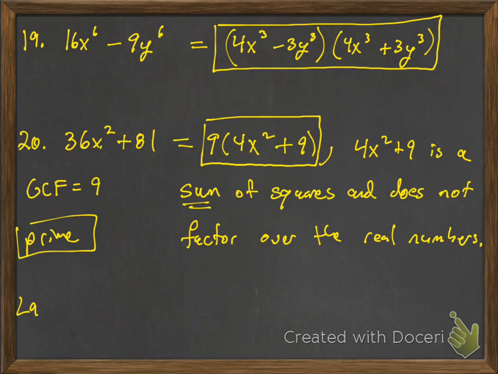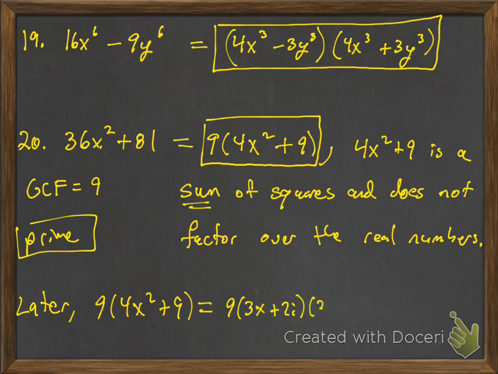Later on, we'll be able to break this down, and it will factor over the complex numbers. So it'll be 9 and then 4x squared plus 9. That's going to factor into 9. Looks like I got it backwards. Let me fix this.